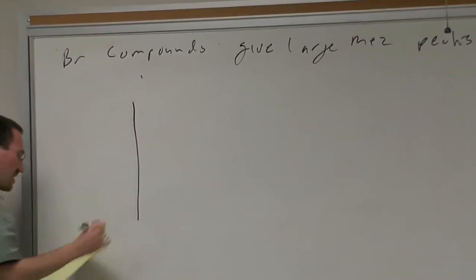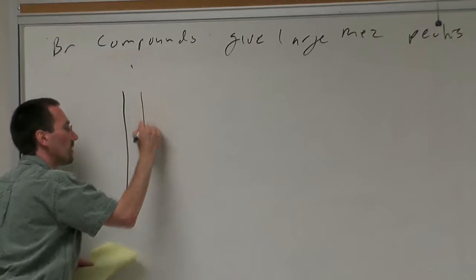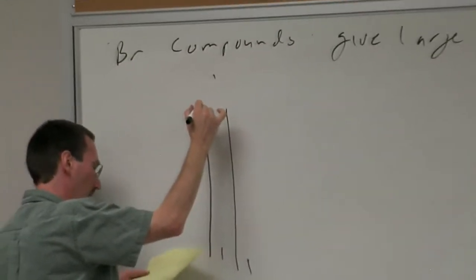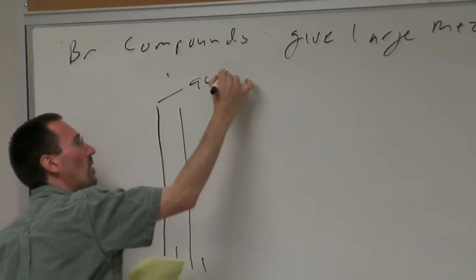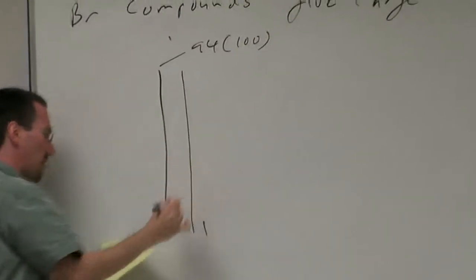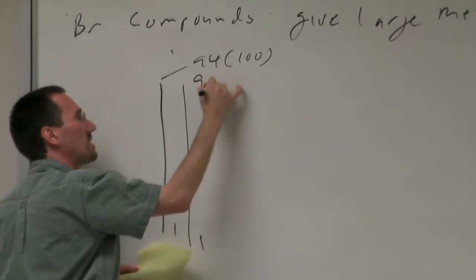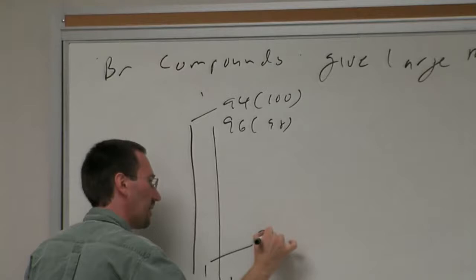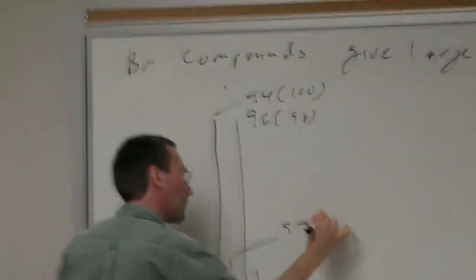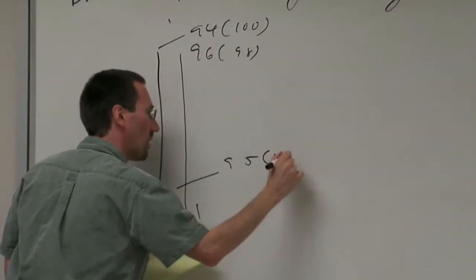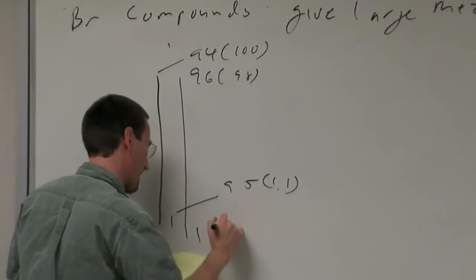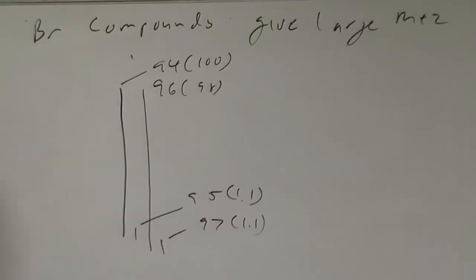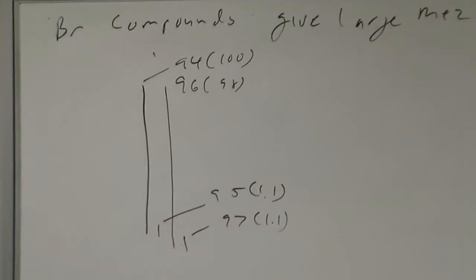Again, an EI mass spec. So let's say we're at 94 with relative intensity of 100. You also have 96 with relative intensity of 98. And you've got a little guy at 95 with intensity of 1.1. And a little guy at 97, also with relative intensity of 1.1, give or take.